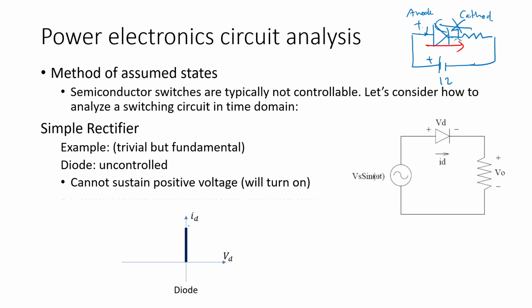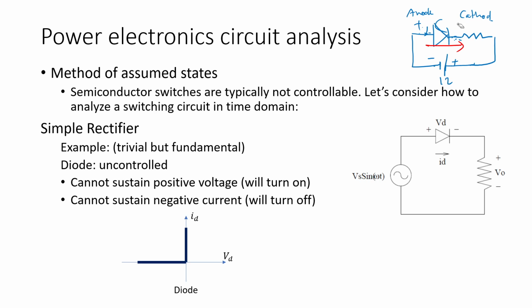And then it cannot sustain negative current because it turned off, which means voltage is there. If you reverse polarity like this, voltage here and voltage there is the same. Yeah, 12 volt here, or roughly 12 volt here also. It's not exactly 12 volt.